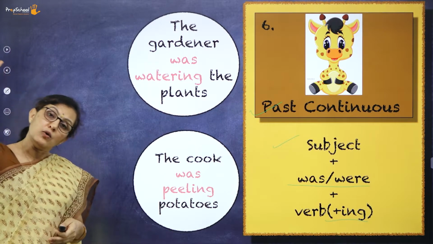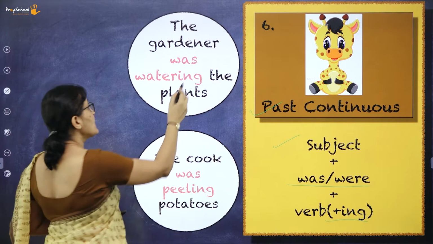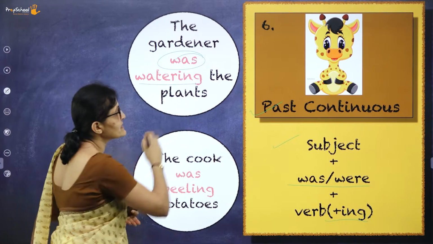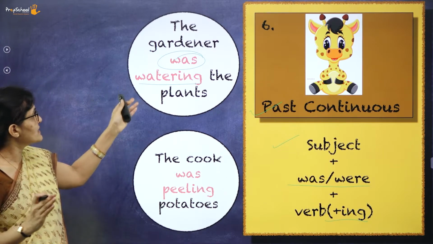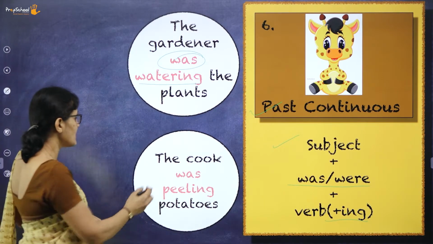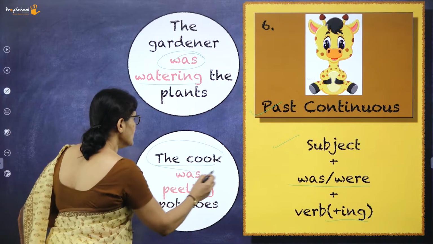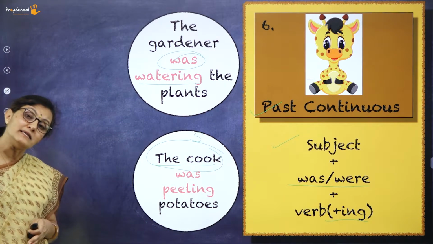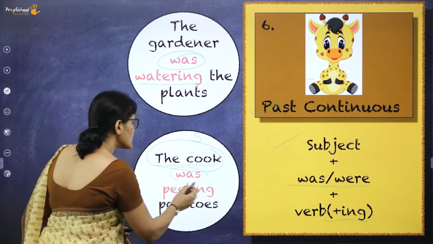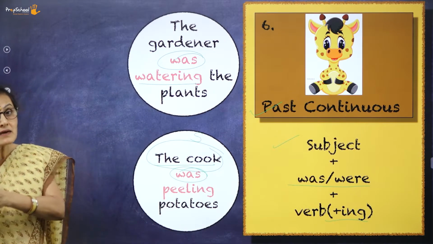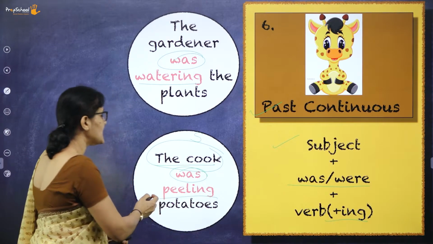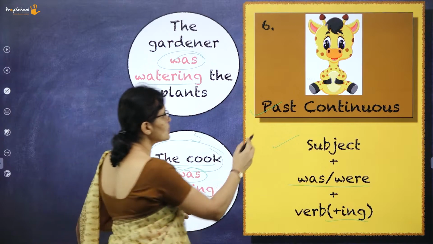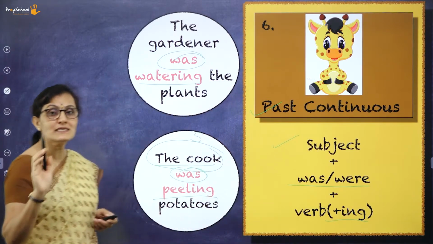He was is past and watering is continuous, isn't it? So past continuous tense. In the same sense, the cook is the subject here. Was peeling. The action is past. So was means past and the continuous action, that is peeling. So the cook was peeling potatoes. So that was past continuous tense.